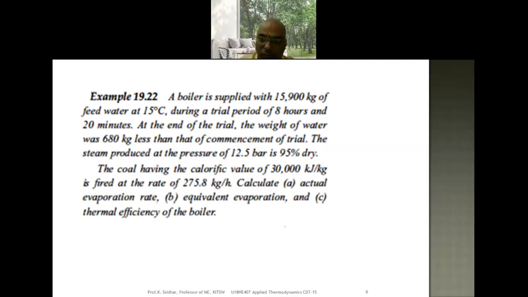Now let us go to the second problem. Here also, as usual, first you write down the given data. First you calculate the enthalpy of the steam produced, because it is wet steam. The enthalpy of wet steam is hf plus x into hfg, which is 2685. For the amount of heat supplied to the steam, because we have to calculate the equivalent evaporation, the formula is ma into (h minus hf) by 2257, exactly similar to the previous problem.